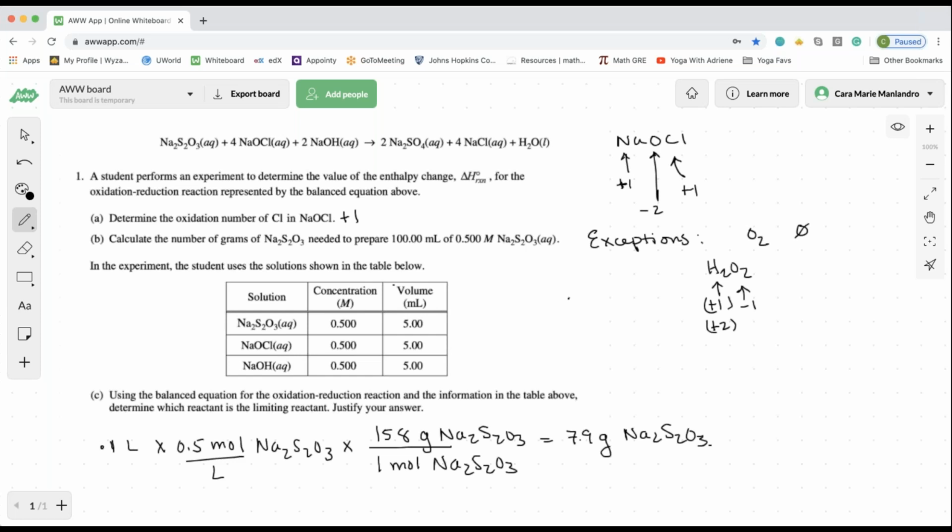If we look at our balanced equation, I need 4 NaOCl, 2 NaOH, and 1 of these guys. So I need 4 times as much of the NaOCl. Since I'm starting with the same concentration for all of them, my NaOCl was my limiting reactant. Does anyone have questions on that question?